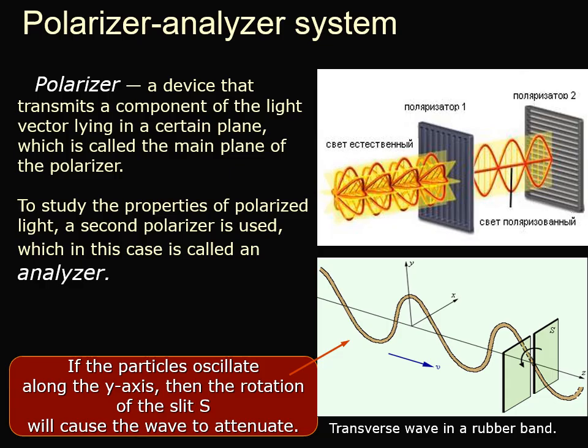Approximately the same thing happens when we consider the behavior of natural light and the passage of this light through polarizers, that is, through devices that are capable of transmitting light, the electromagnetic waves of which will oscillate in selected directions.